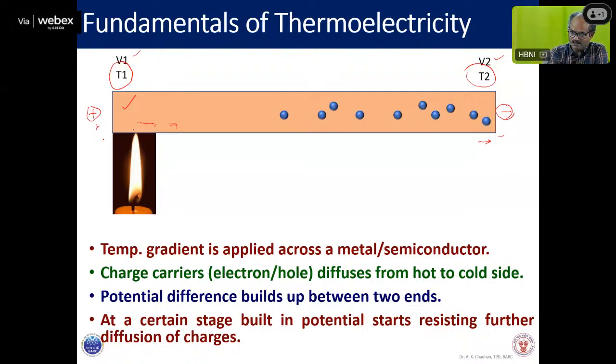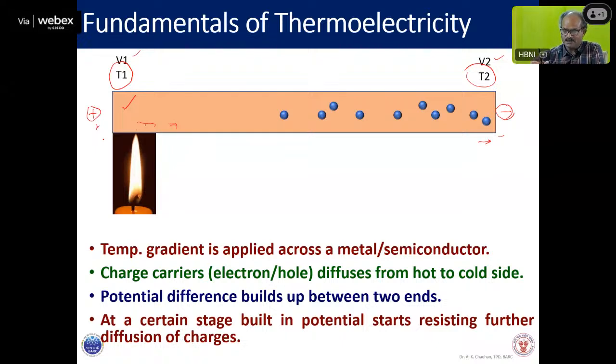The temperature is increased on one side, and because of that the carriers gain energy and move from this side to the other side. Because the carriers are moving, a net charge is moving from one side to another, and therefore a potential is developed, and this potential then opposes the further movement of carriers in that direction.